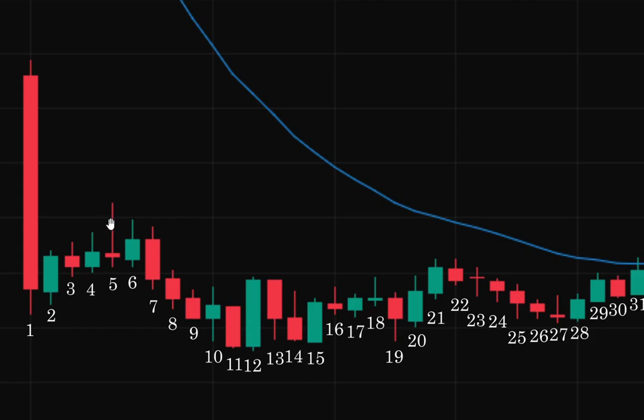Many bears have tried to trap the bulls, and they wanted to make the price lower, and this was my signal bar. On the 6th bar the price didn't go below this, so I took the trade of shorting CE.